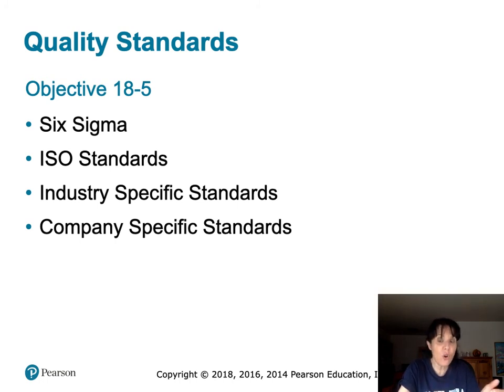It eliminates defects, slashes product cycle times, and cuts costs across the board. The system uses data and rigorous statistical analysis to identify defects in a process or product, reduce variability, and achieve as close to zero defects as possible.